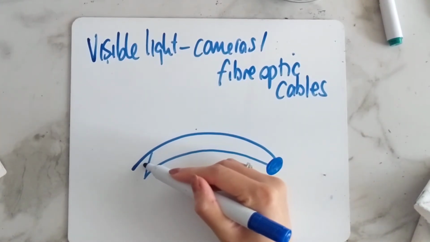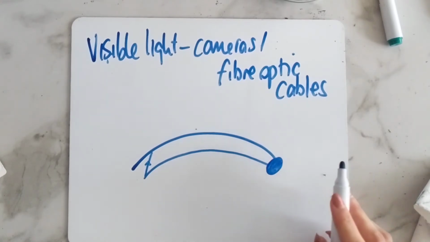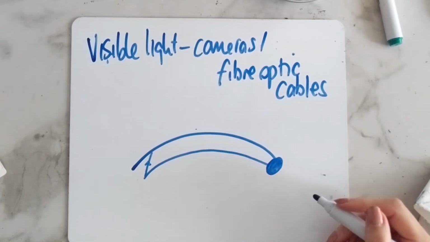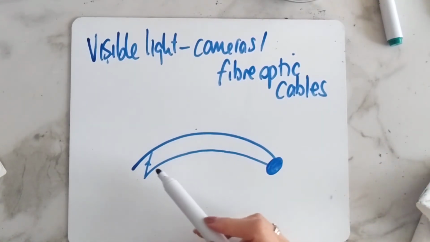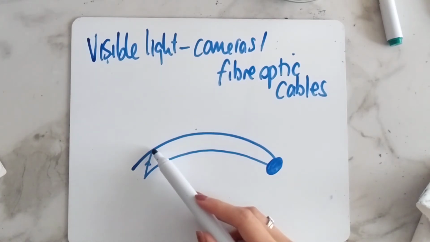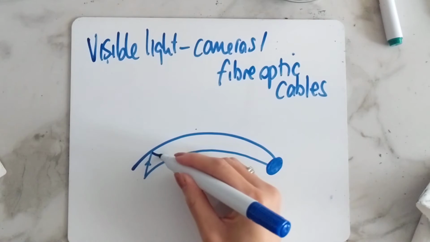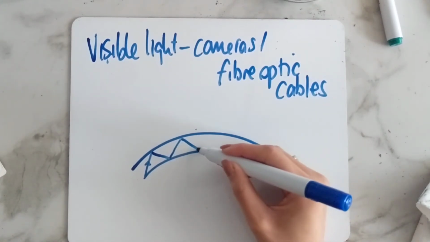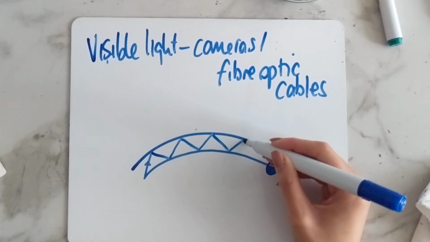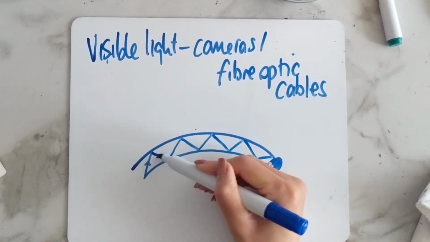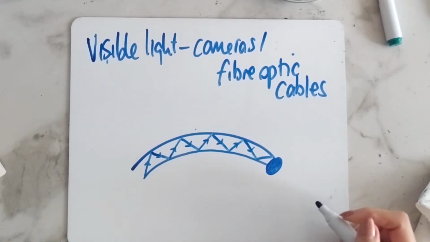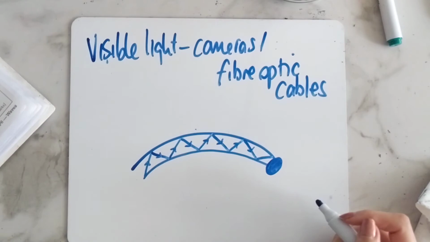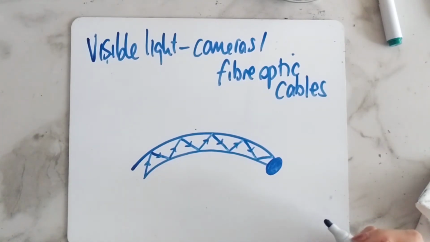Now I'm just going to show you how the visible light bends through the fibre optic cable. This is a typical exam style question where they ask you to draw how the visible light gets from one end to the other. What you have to do is show it reflecting off the cable like this, but it's really important that you show that it's bending, that it's reflecting through the tube at the same kind of angle.